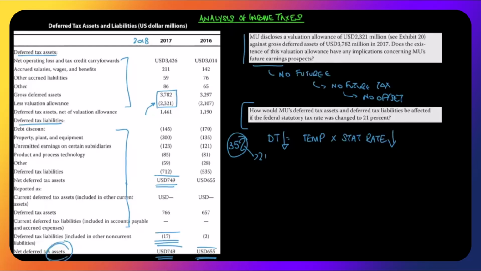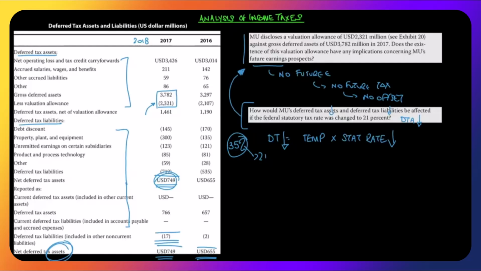Because it's a net deferred tax asset, the net DTA will fall. So both are falling, your liabilities are falling, your assets are falling. Because you've got more assets overall, it's going to reduce your deferred tax asset, meaning you would get a charge to the income statement.